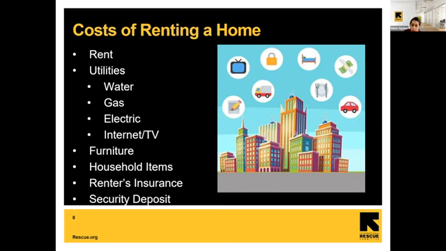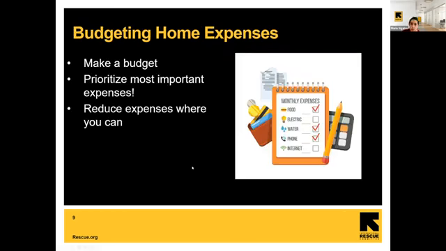So the first thing you want to do is make a budget for yourself, to think about all of these monthly costs that might come with your apartment or your home, right? So a budget is looking at all of your income or all the money that you're earning and comparing that to all of your expenses or all of the things you're spending money on every month.